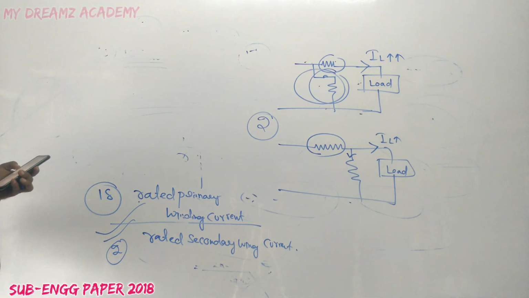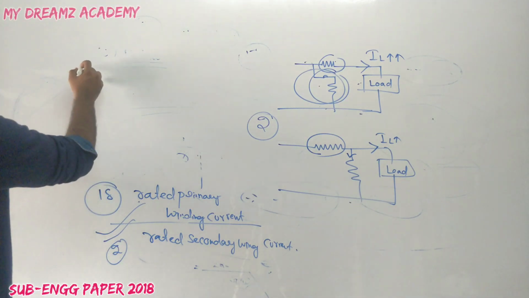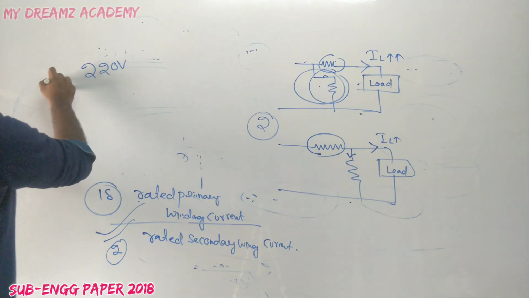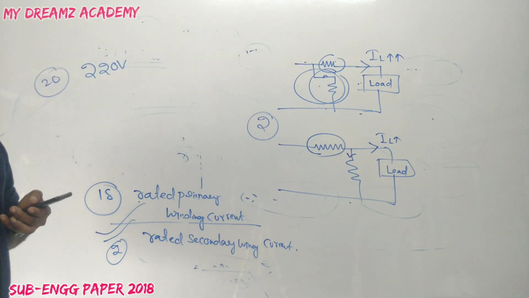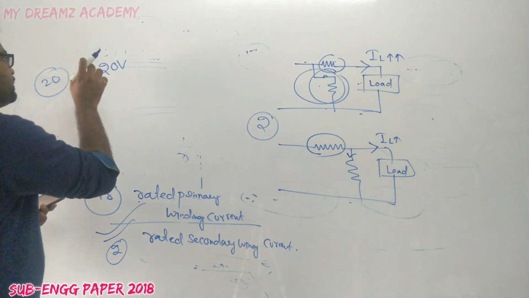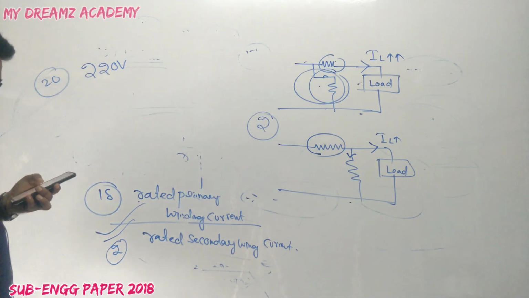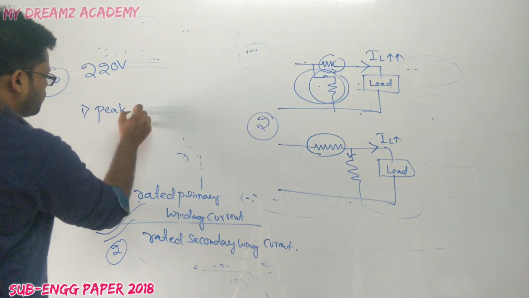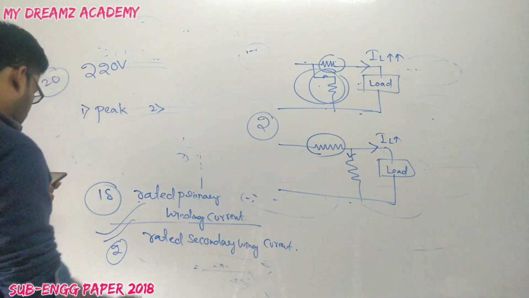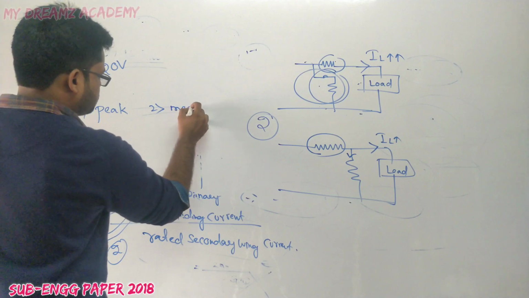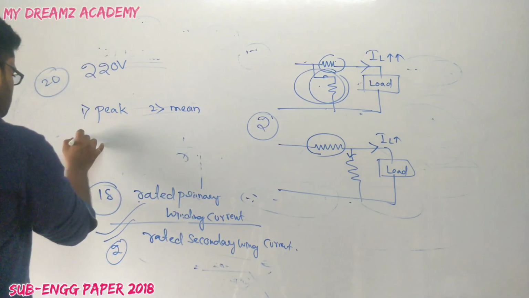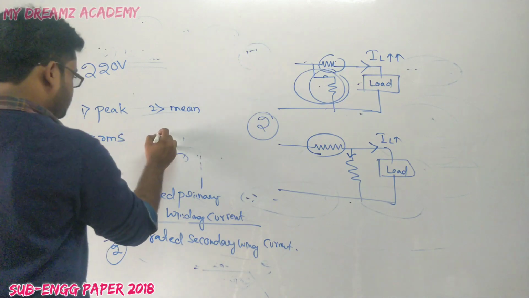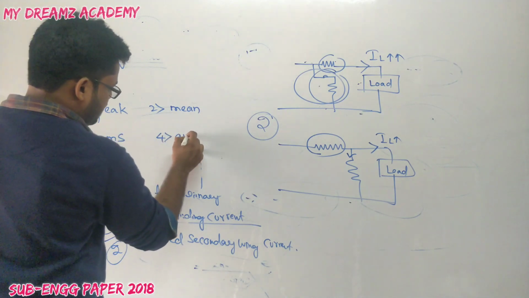20th question. The domestic supply voltage is 220 volts. What is the meaning of this one? First one is peak value, second one is mean value, third one is RMS value, last one is average value.